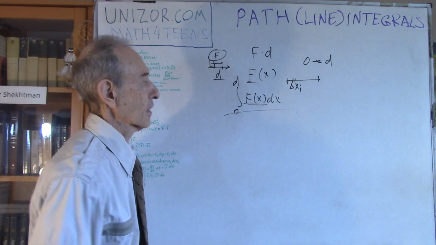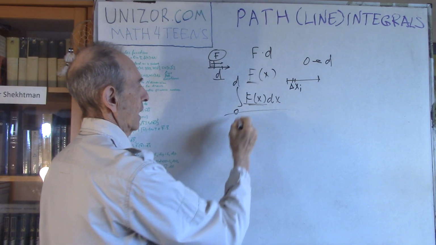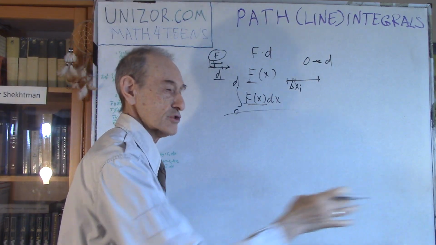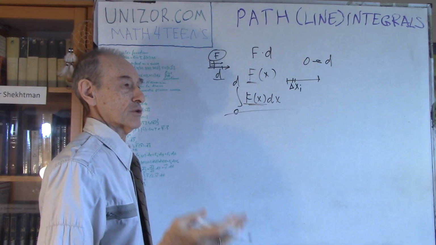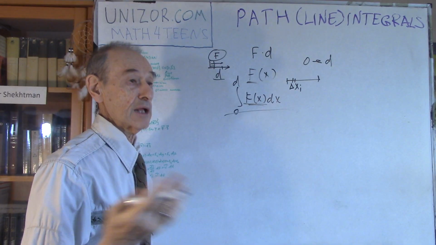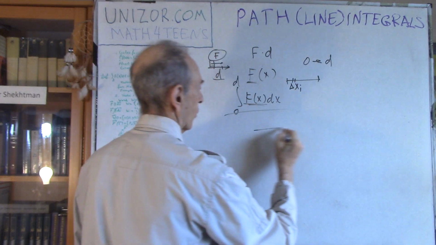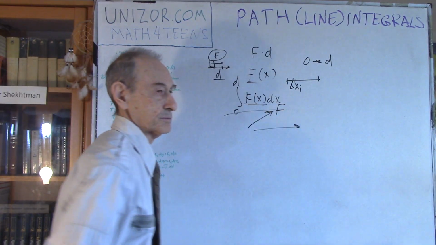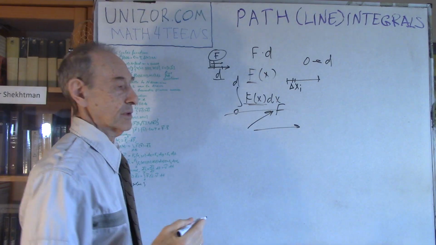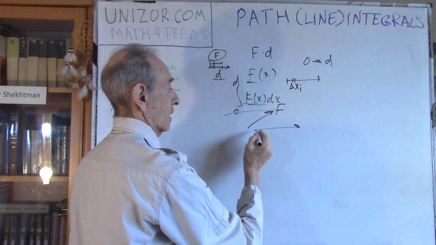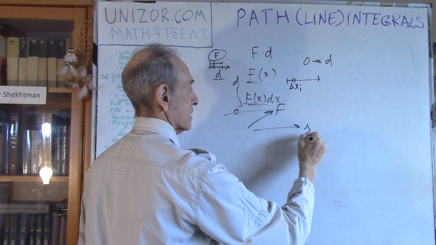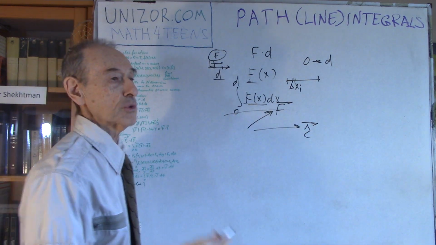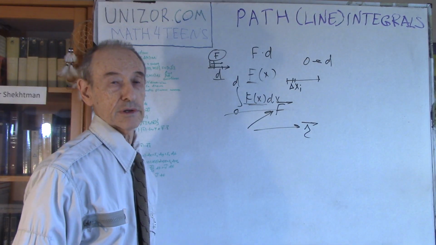Now, what happens if f is not the force which actually moves the car? Let's say we are talking about a sailboat, and the sailboat goes this way, but the wind goes this way. Now, if you have an angle between this direction and this force, how to calculate the work in this particular case?